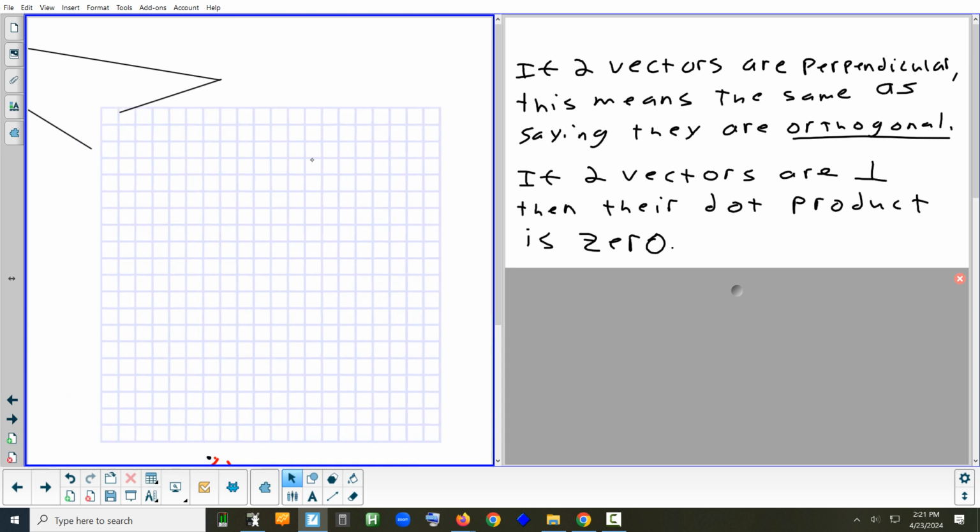I'm just going to draw two random vectors that are perpendicular. Does everyone agree those are perpendicular? Yes. Okay. So then their dot product should be 0. Well, let's check it.